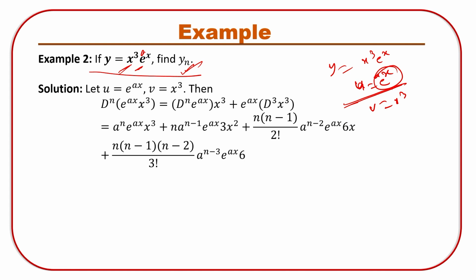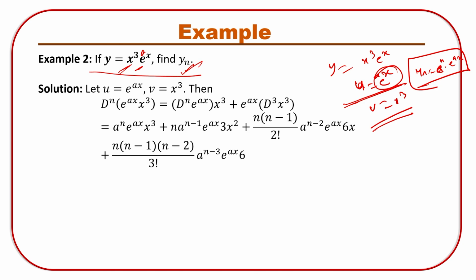If u equal to e^(ax), we know the answer: u^(n) equals a^n into e^(ax), right? And v equal to x cube, we know the answer as well. After the third derivative, the fourth is going to be 0, the fifth is going to be 0, and so on.